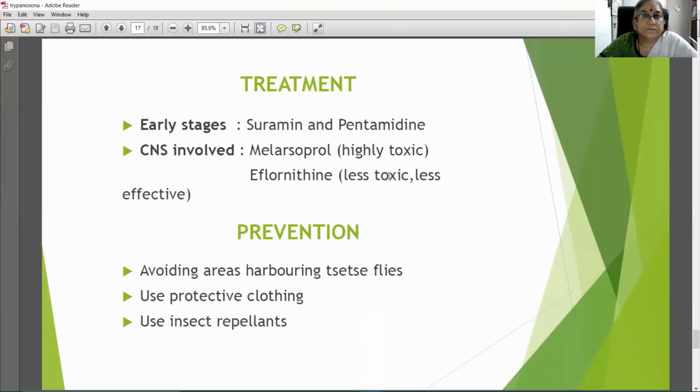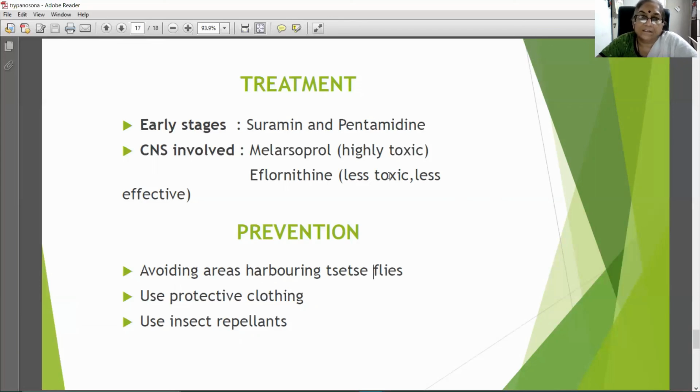Treatment. In the early stages, suramin and pentamidine are the drugs of choice. If CNS involvement is seen, melarsoprol is given, but this is highly toxic. So you can even give eflornithine, which is a less toxic drug, but its effectiveness is also not very good.